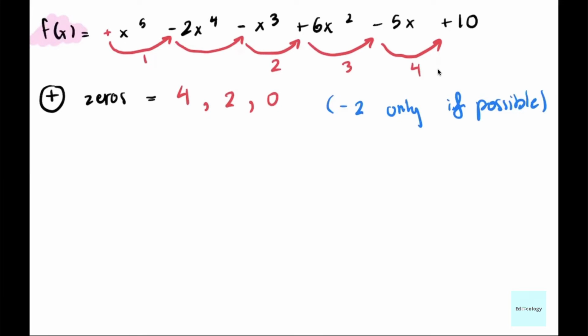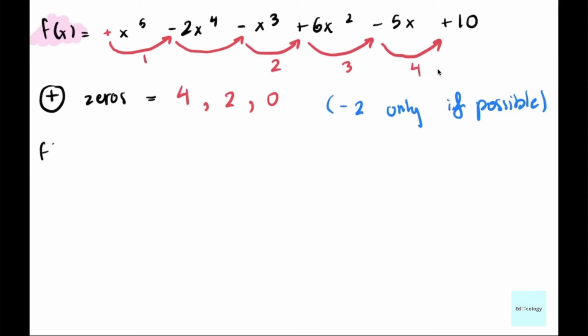Only if you have 3 changes in the sign, or 4 or 2, anything that you could subtract 2 from and get 0, nothing below 0. So these are the possible positive zeros or roots. Now, how do we find the possible negative zeros or negative roots?